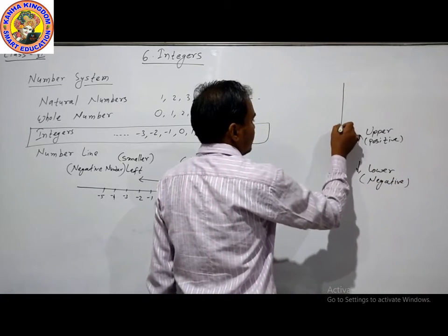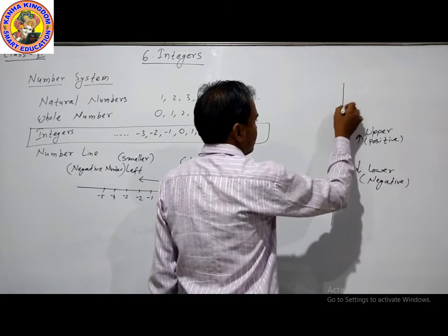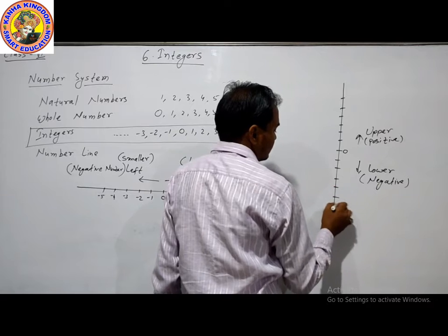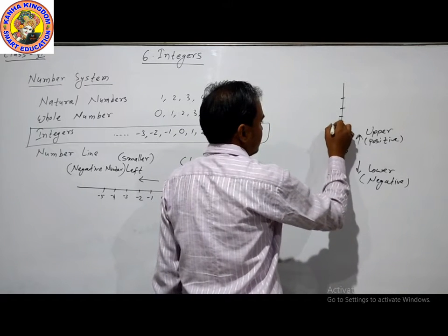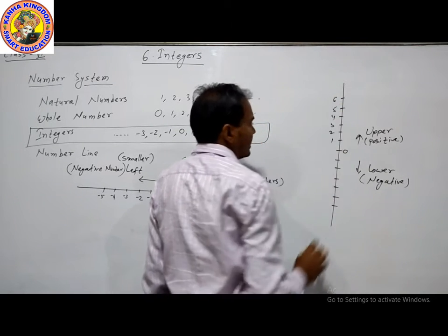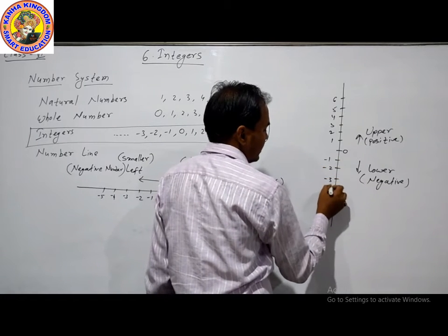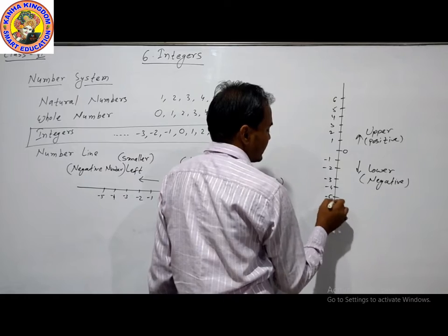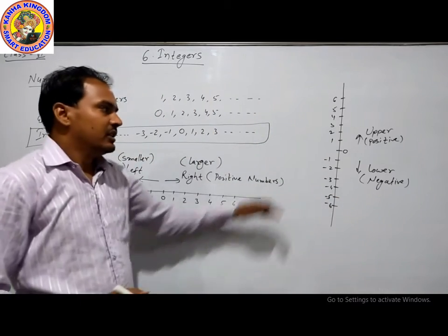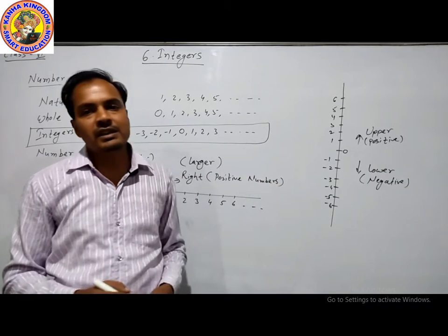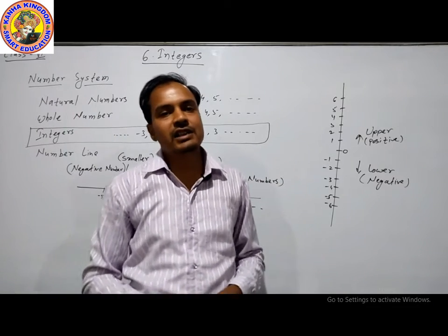We will use equal distance to denote the numbers: 1, 2, 3, 4, 5, 6 are the positive numbers, and the negative numbers are -1, -2, -3, -4, -5, -6. You can take a screenshot of this.